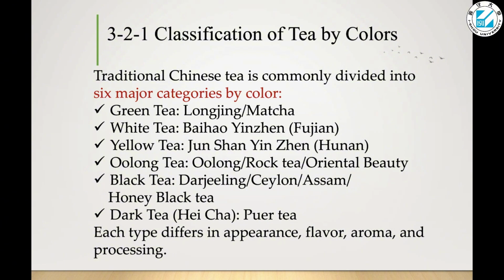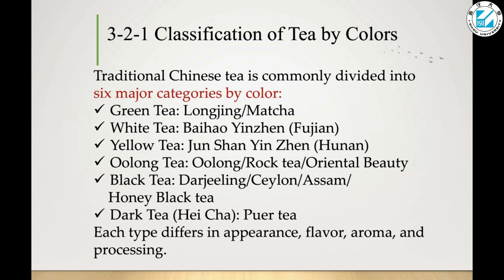And another example for 黑茶, because most people do not know 黑茶 so much. So let me give you one more example. For example, 黑茶 from Guangxi, Guangxi 六堡茶. So Guangxi 六堡茶 is also a very famous example of dark tea.